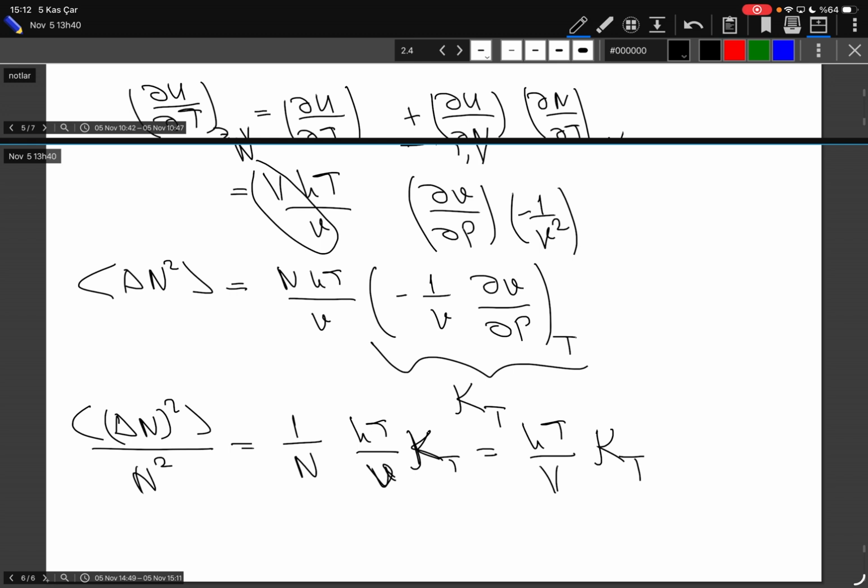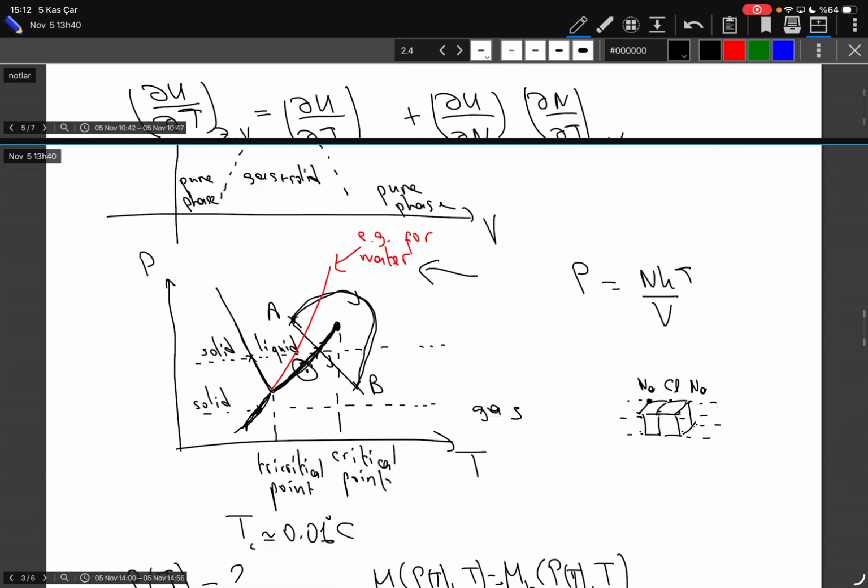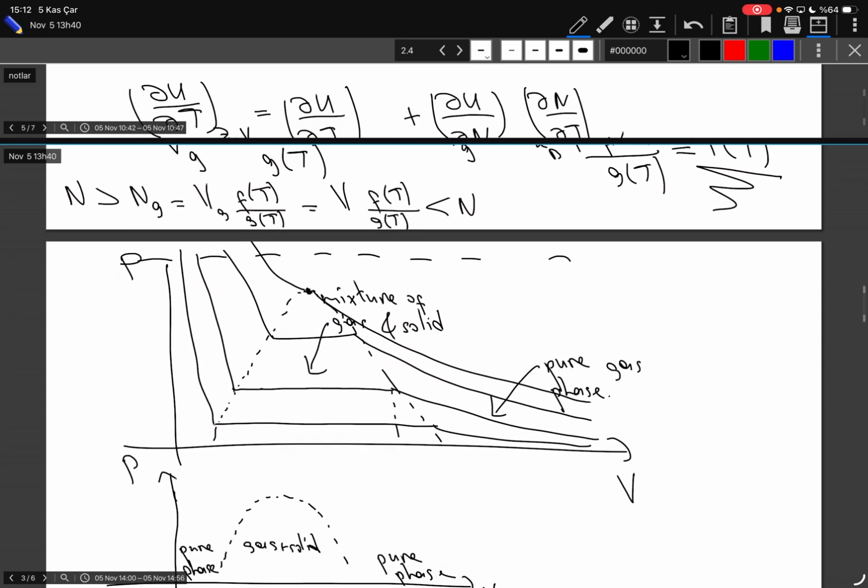Remember, what is the compressibility? You look at a change in the volume, change in the pressure of the system at a given temperature. You take their ratio. Well, let's go back. What happens during a phase transition? If you are, let's say, in this region, during the phase transition, V changes, the change in V is finite, but the pressure doesn't change.